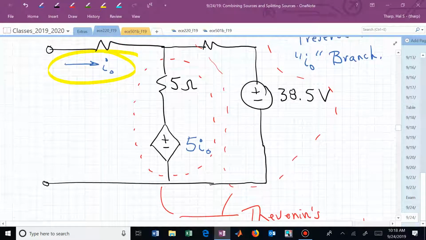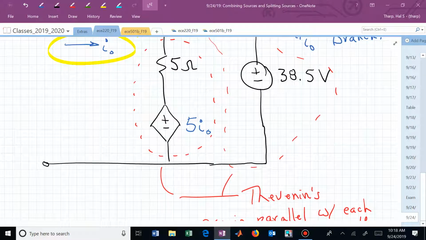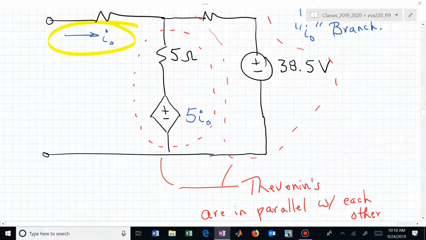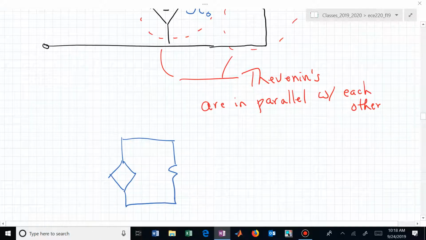That's begging us then to Nortonize them, convert them into a Norton equivalent. How would we do that for the left Thevenin source? What would that look like? Doesn't it look something like that?